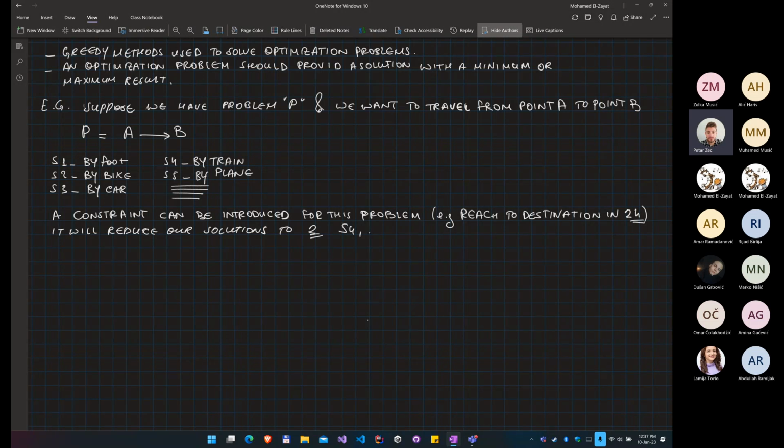These are the possible solutions that satisfy that constraint.